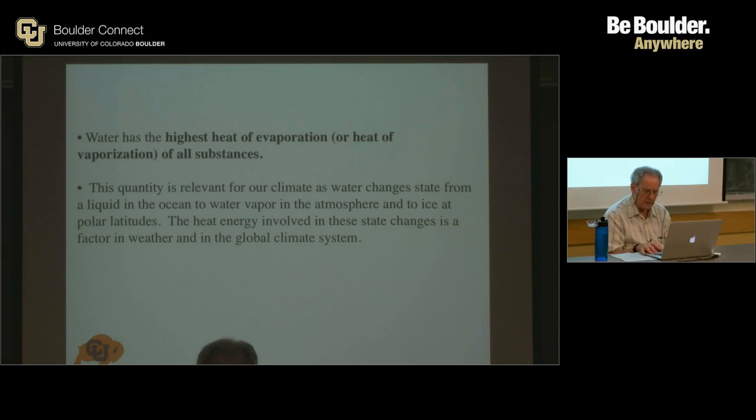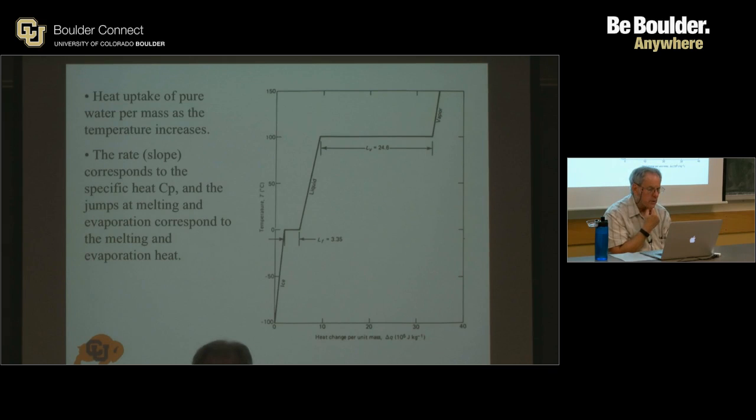So I like this plot. We don't think about this very much. But this is temperature on this side and the heat change per unit mass. You heat it up, and we're in an ice stage, and we heat it up, and we go into a liquid stage.